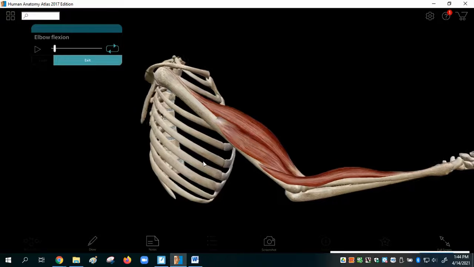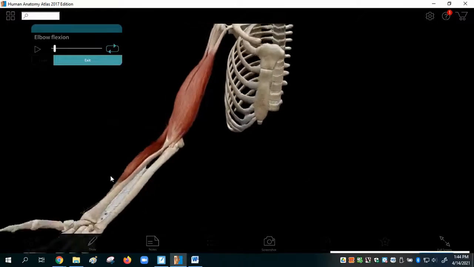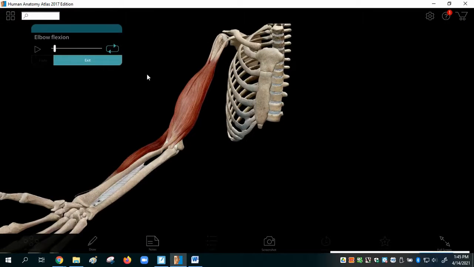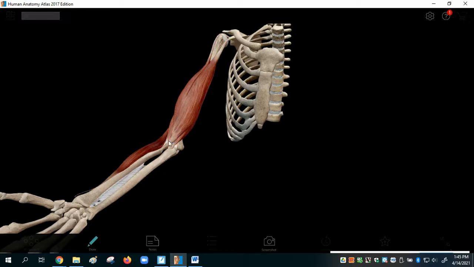All right, so let's get our bearings here and use the app as a working model. Here's our biceps brachii. It actually has two sections to it. Notice the two origins at the top. Remember, this end down here is the insertion, and these are the anchor points or the origin. This end is going to shorten towards the origin and cause a movement.